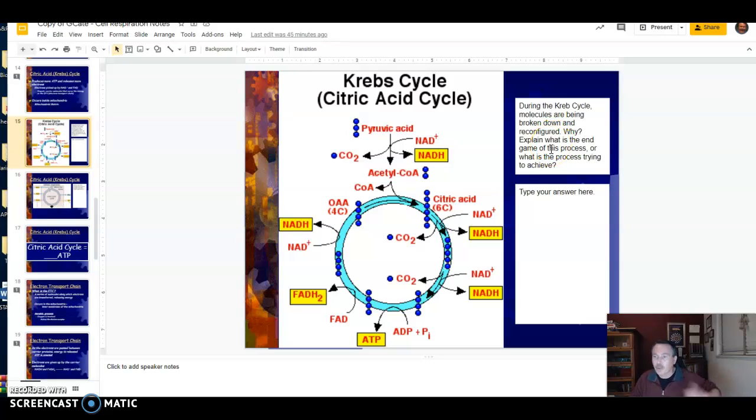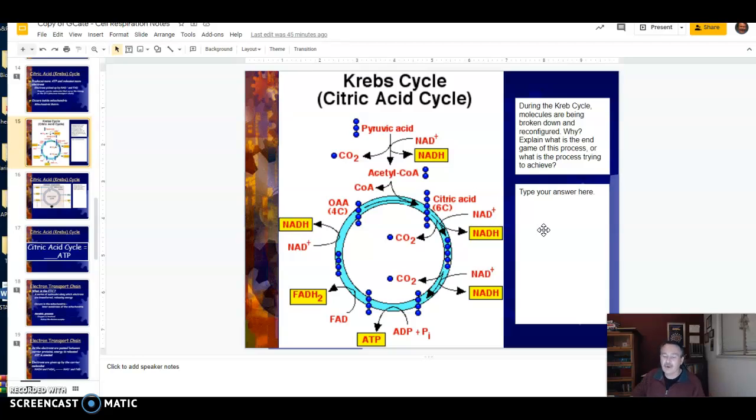Okay, so here in this little paragraph, it says during the Krebs cycle, molecules are being broken down and reconfigured. Why? And explain what is the end game, or what is the process trying to achieve. Basically the process is trying to achieve, by the manipulation and the ripping off of these various elements, is to, one, capture the hydrogens, and two, that released energy from those bonds is captured to bond CO2 together, and also make and manufacture these other new molecules.